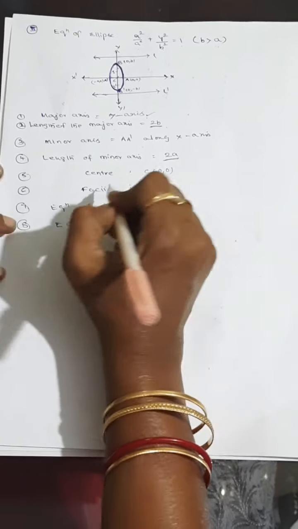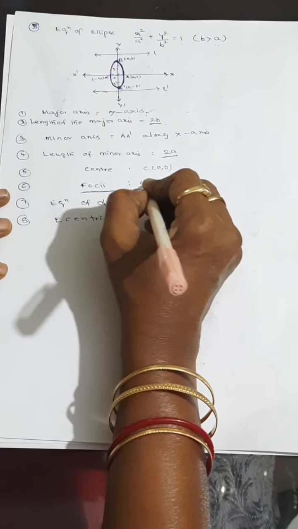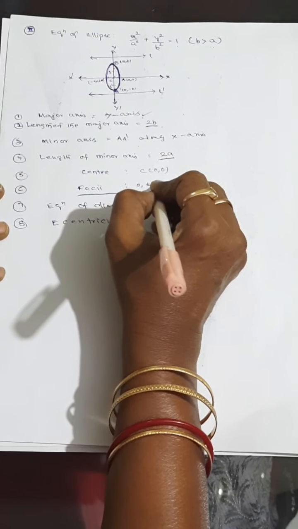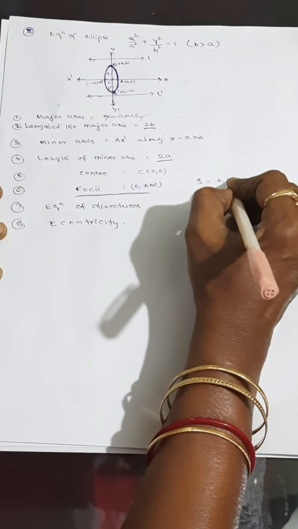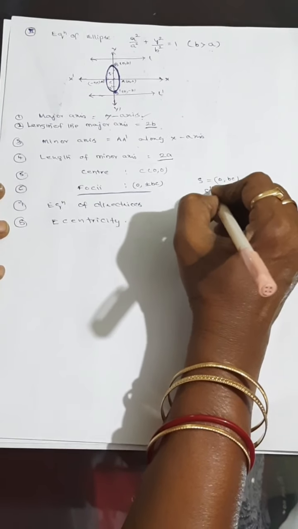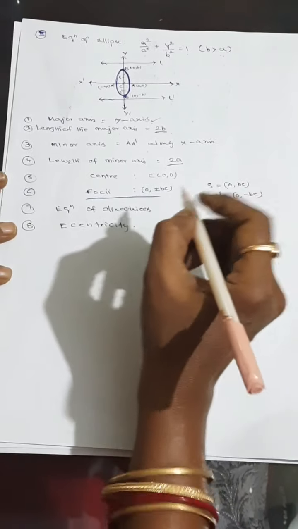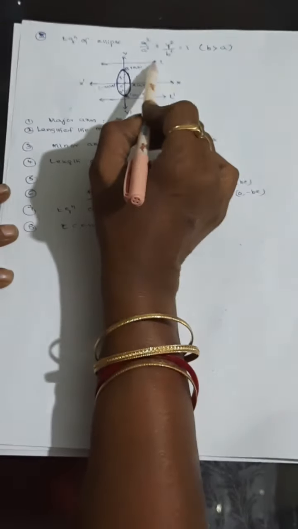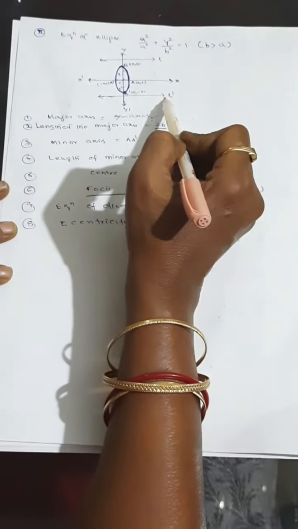The foci are very important. The coordinates of the foci are (0, plus or minus be). That is, S is equal to (0, be) and S dash is equal to (0, minus be). Now, the equation of the directrices. L is one directrix and L dash is another directrix.